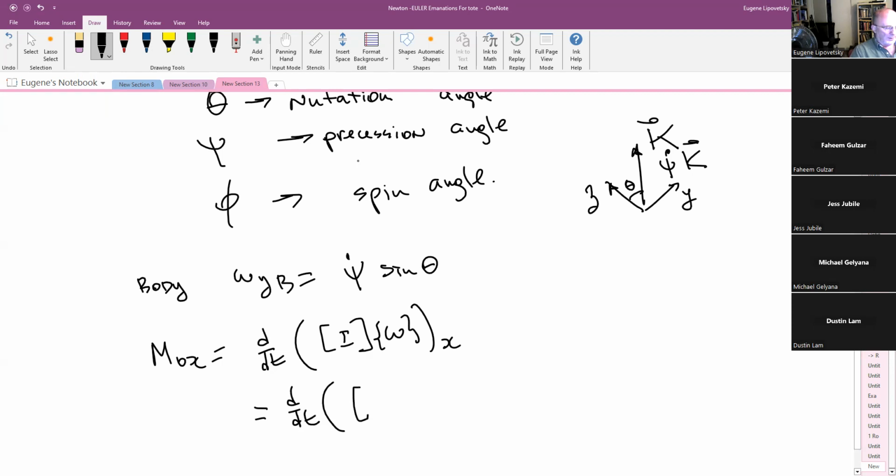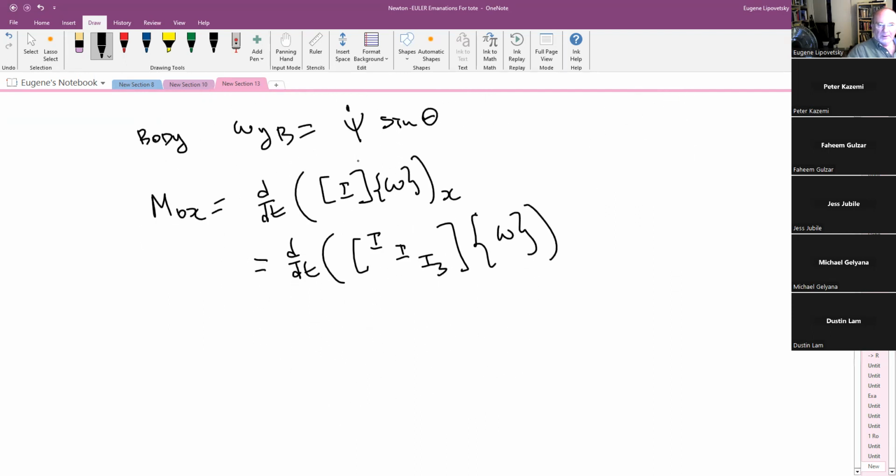And the I is, that's d over dt of the I, there is the I in the x direction, I in the y direction, and IZ in the z direction, times omega. And omega has omega x, omega y, and omega z.